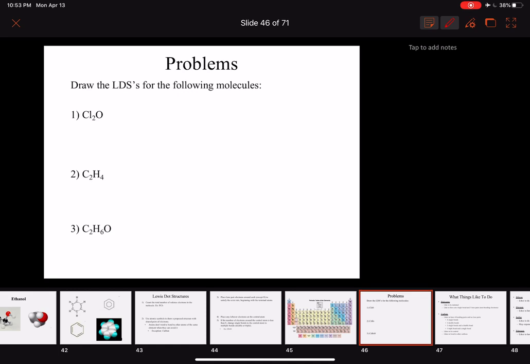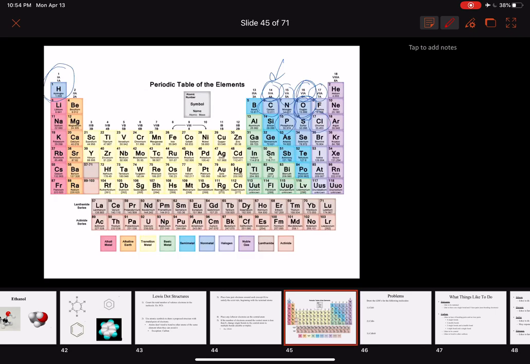So let's draw the Lewis dot structure for Cl2O. Just going through the regular process, we will list our atoms and the number of valence electrons each atom has. Using the periodic table, we can see that chlorine has 7 valence electrons because it's in group 7A or 17.